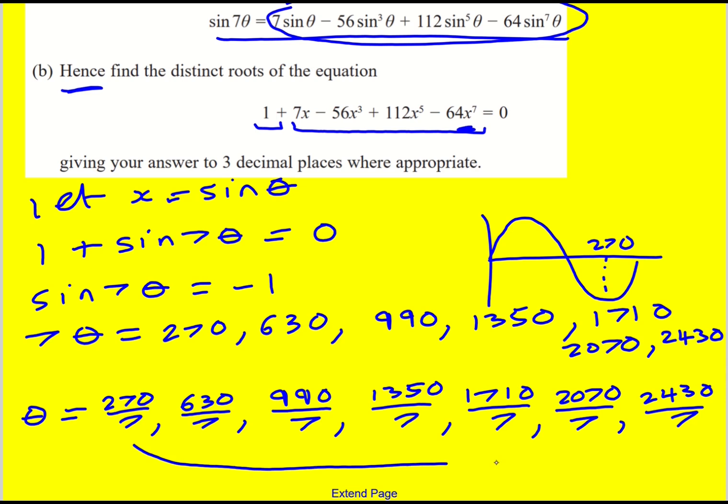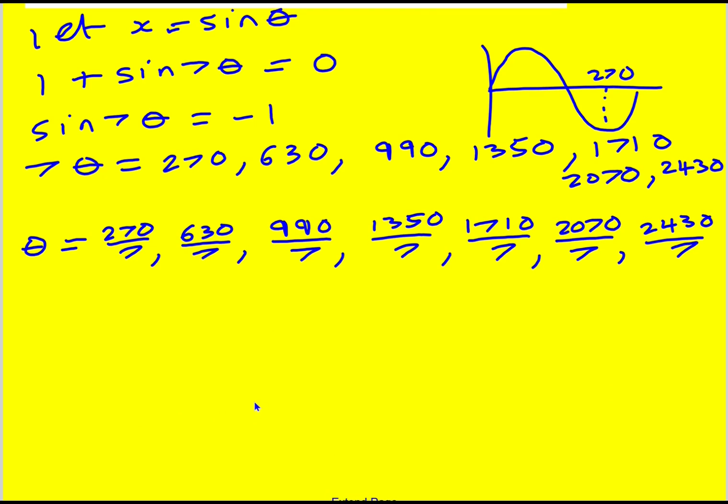And so here to the next one would be adding on 360, and I definitely get the same value. So I only need to write 7 down. In the solutions, they just write down the first 2 positives and the first 2 negatives, and that is it. And they get 4 distinct answers. But I don't know how they know that there's going to be 4 distinct answers without kind of checking all of them. So if anyone can explain that to me, let me know. Just I don't get it.